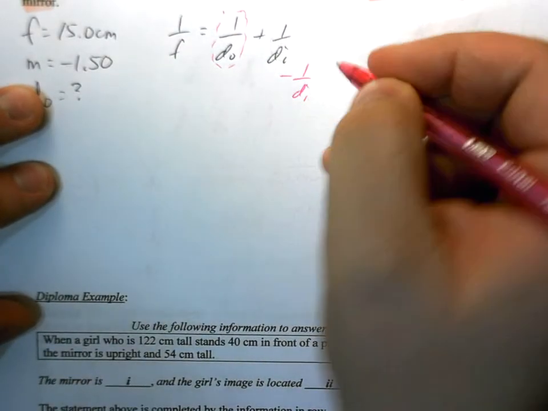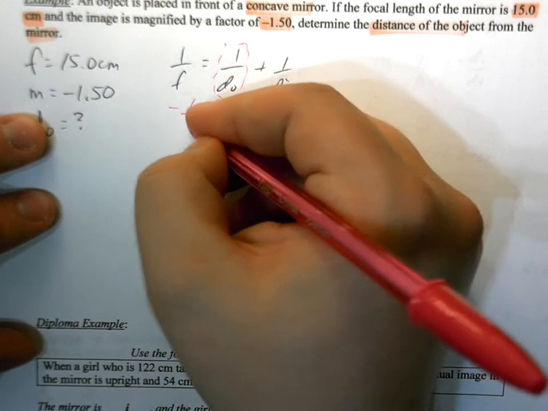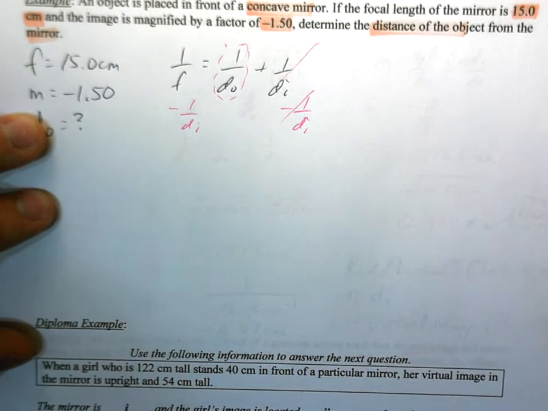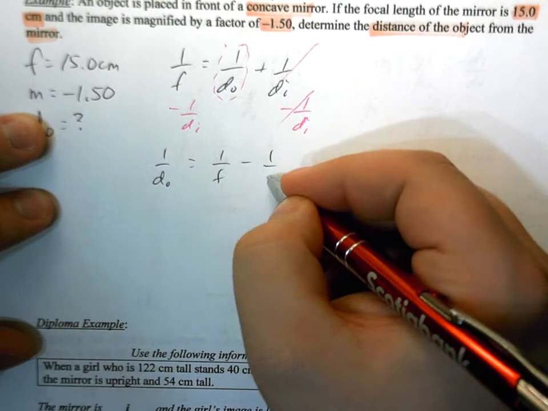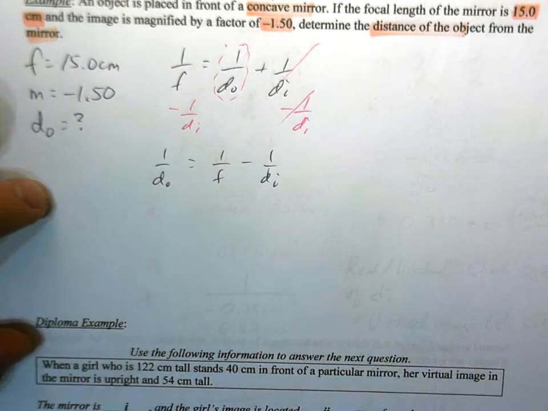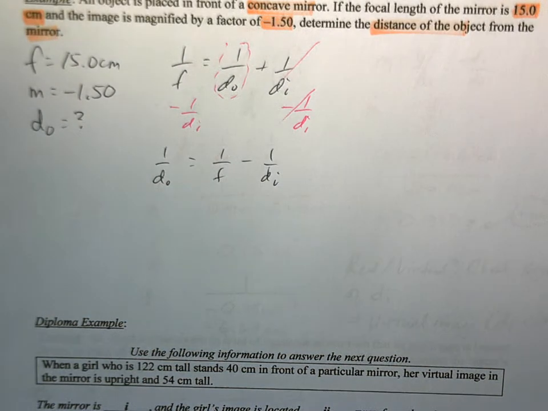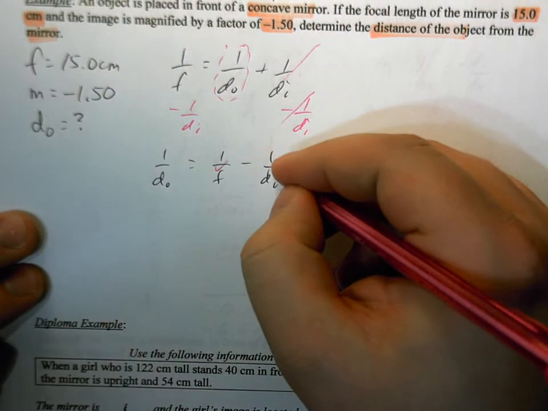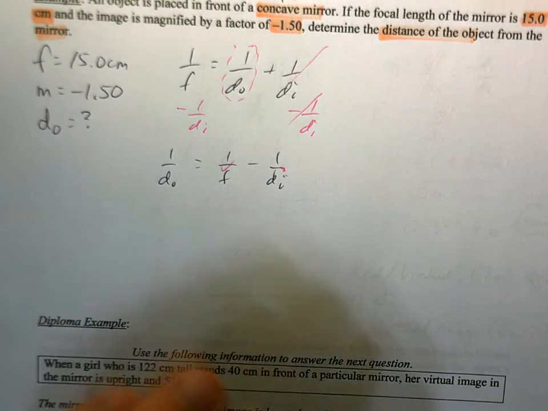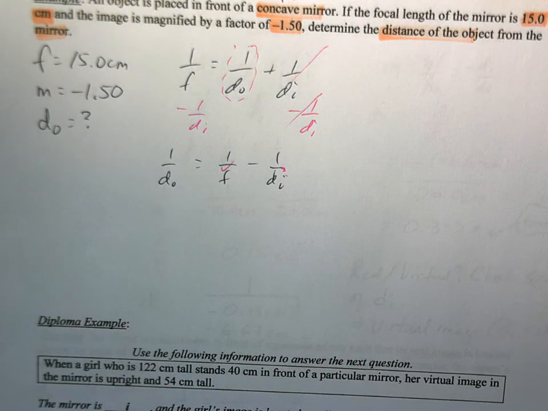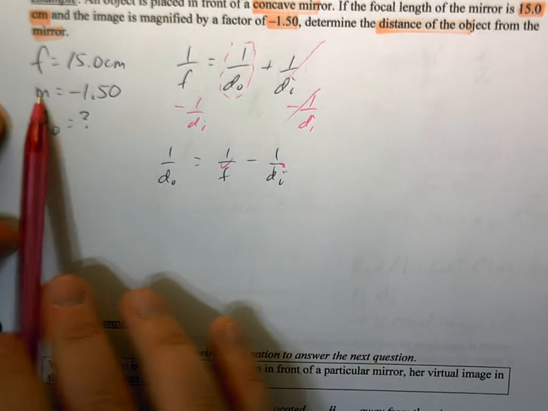So we're going to subtract the 1 over DI from both sides, and I'm going to get 1 over DO equals 1 over F minus 1 over DI. Now, we know F, it's given in the question, but we don't know DI. So this is a little bit of a problem. We can't proceed any further. We're stuck.